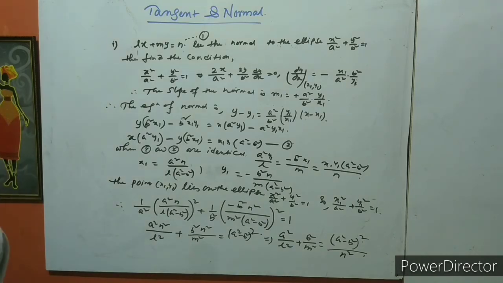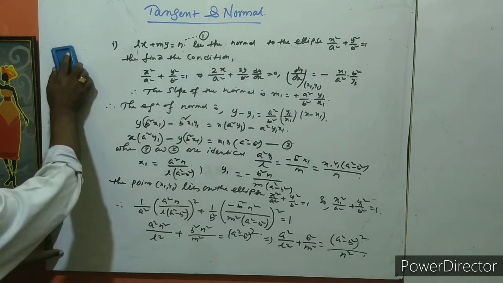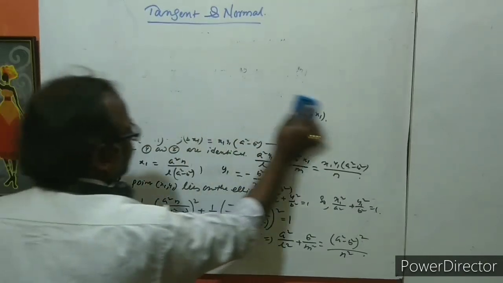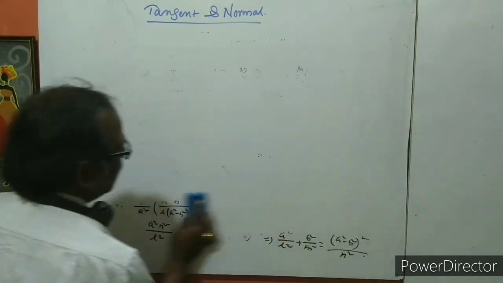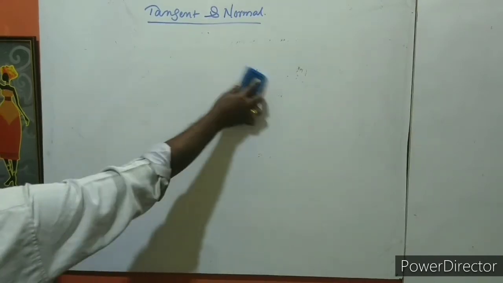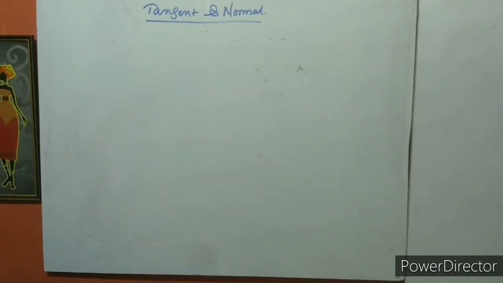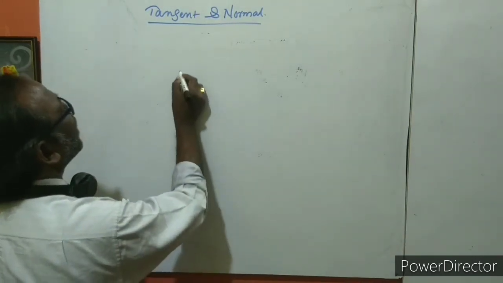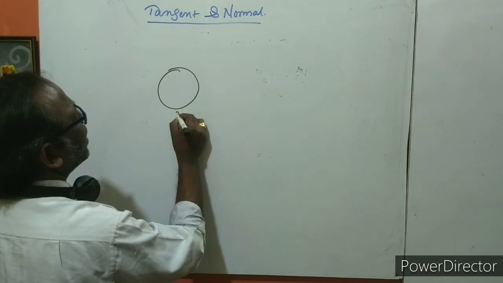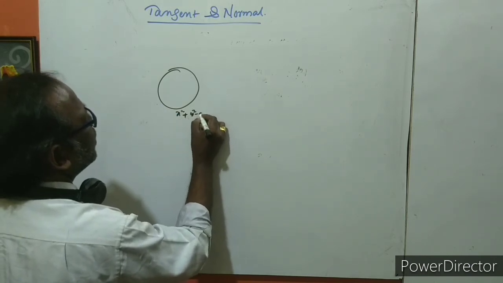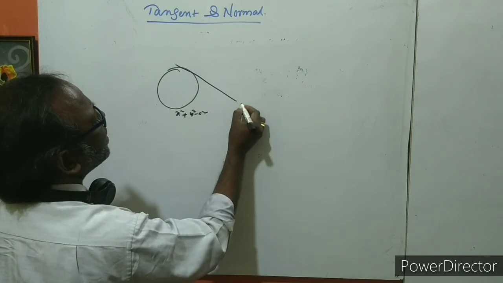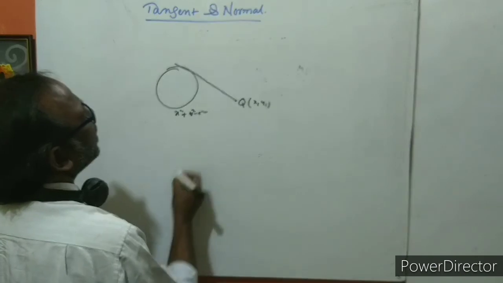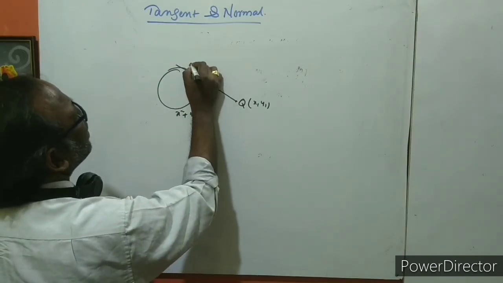And another point, see carefully, I want to repeat it. The length of the tangent from the external point, not extreme, external point of the curve. Let this be just a circle, like x square plus y square equal to a square, and this is the tangent, and here is a point Q, that is x1 y1, and then find the length of the tangent.